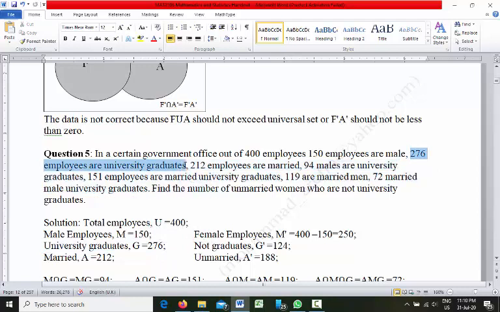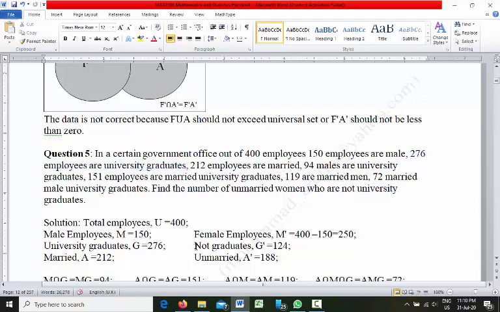If 276 employees are university graduates, the other employees are not university graduates.